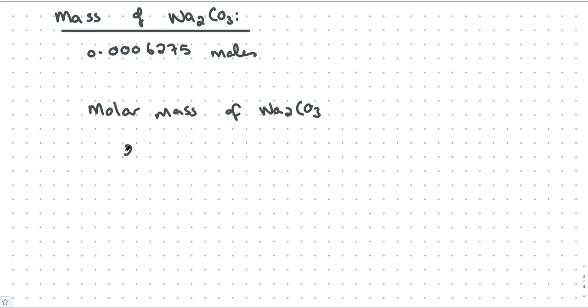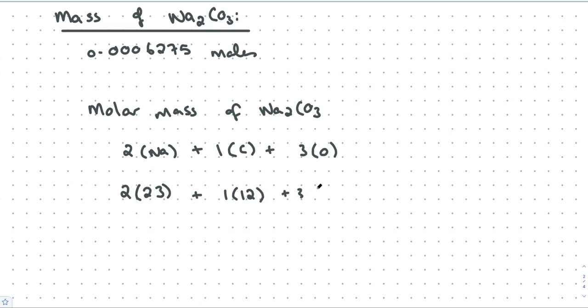Well, I'm going to have 2 by Na plus 1 by carbon plus 3 by oxygen. So I'm going to have 2 by 23 plus 1 by 12 plus 3 by 16. And where I'm getting those from, those are the masses of those elements on the periodic table. When I do that out and I add them all together, I get 106.